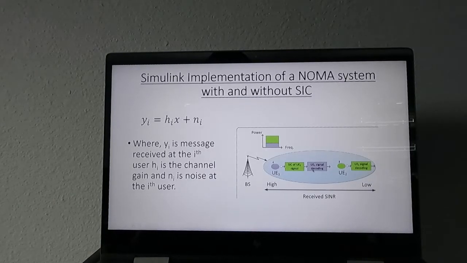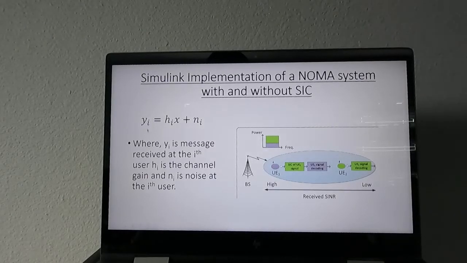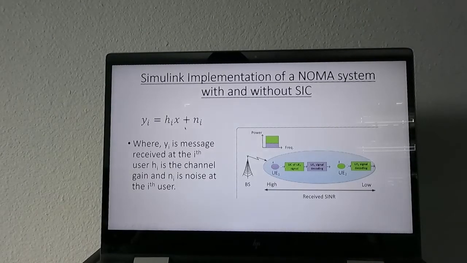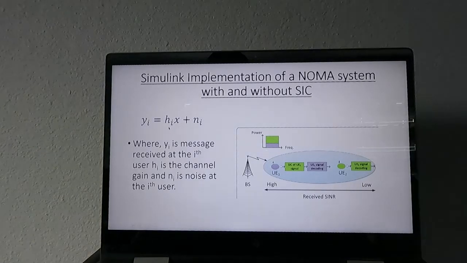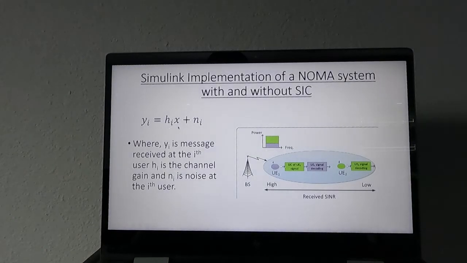Now here's an example of the near user UE1 and the far user UE2. Y is the message that's received by any user in the channel. H is the channel gain, X is the transmitted message, and N1 is the noise.